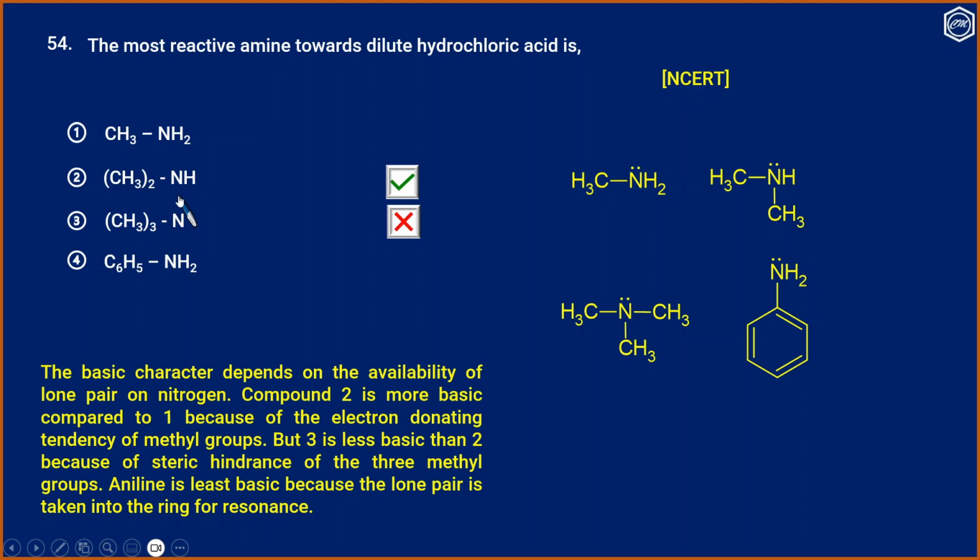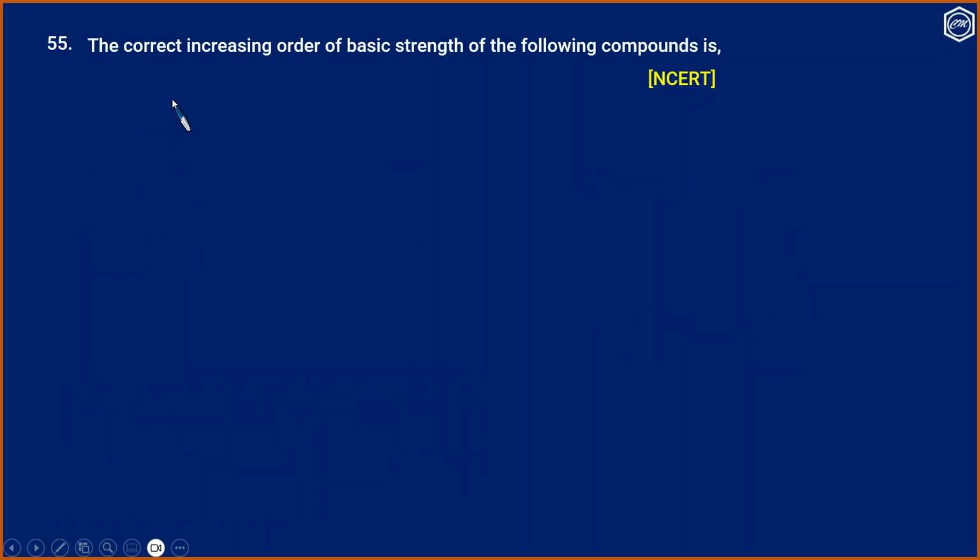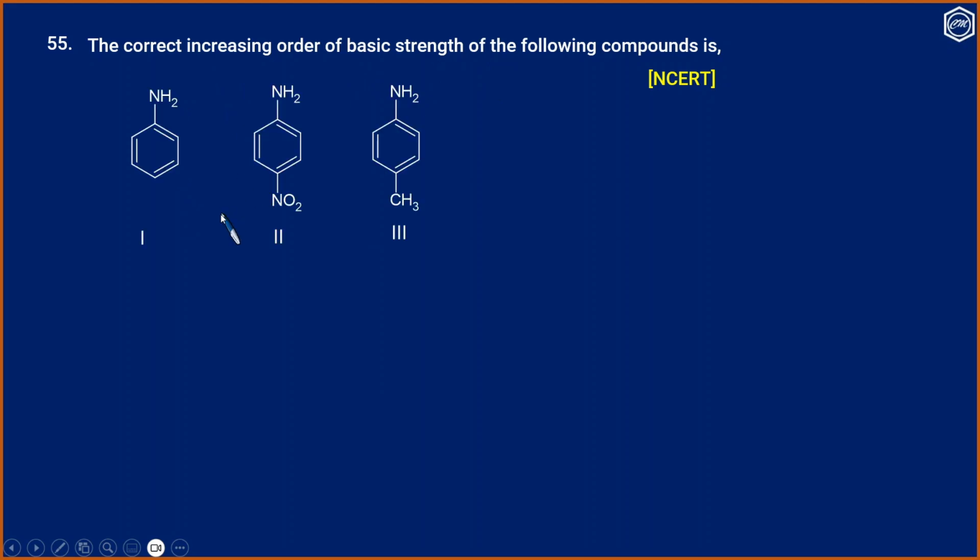Now the last question. The correct increasing order of basic strength of the following compounds is: compounds 1, 2 and 3. Option 1, option 2, option 3, option 4. And we know that in aniline, the lone pair will be withdrawn into the ring. And here the NO2 group is an electron withdrawing group.